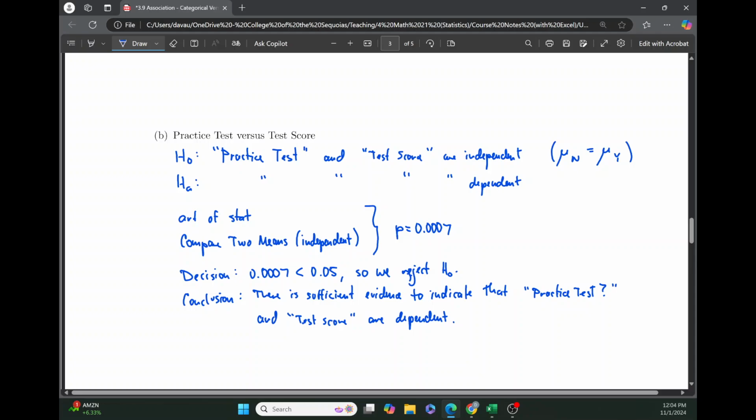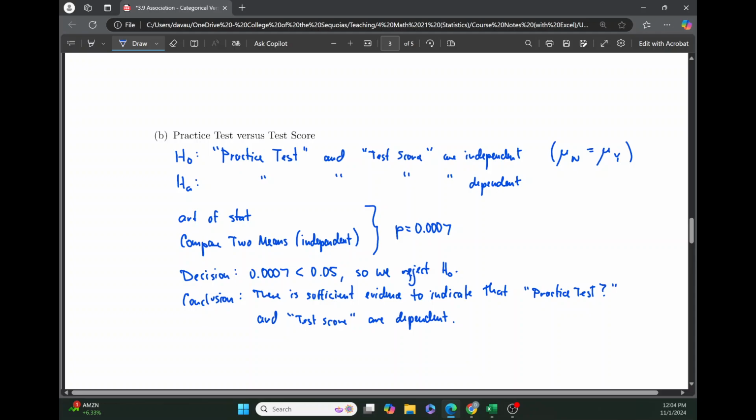Okay, now we could make a stronger conclusion in this case, because your test score is not going to retroactively determine whether or not you took the practice test, right? Because you would take the practice test before taking the test. So really the logic flows in the other direction, right? It's that whether or not you took a practice test will affect your test score.